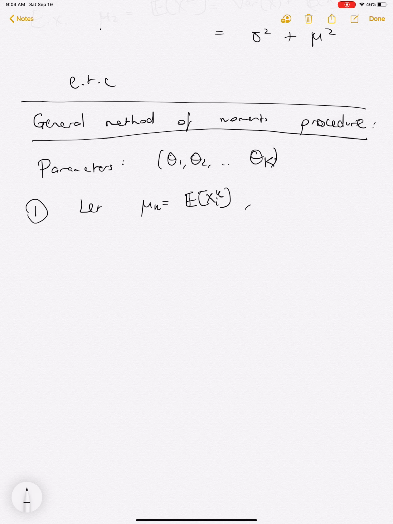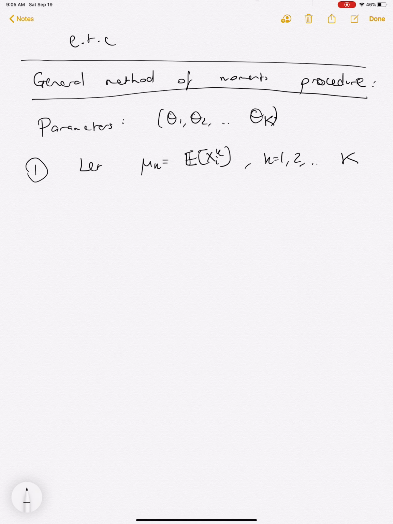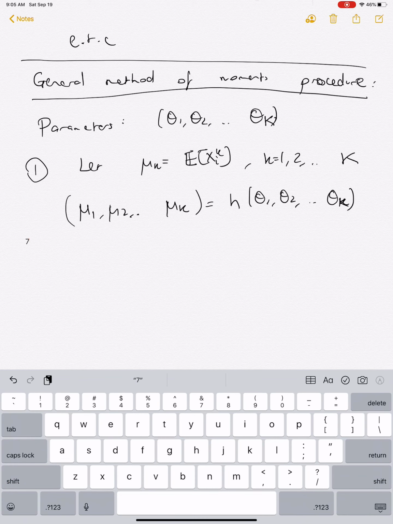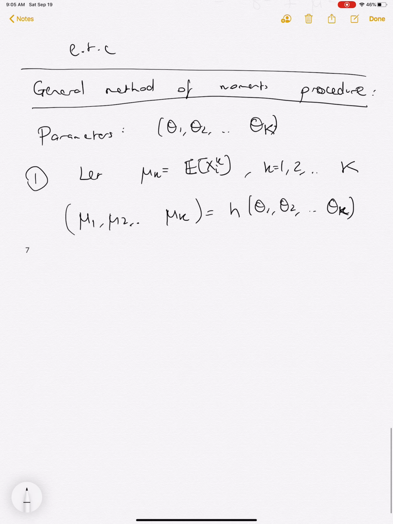So we have k equals 1, 2 up to big K. Now we have a multivariate function. So we have mu1, mu2 up to mu big K is equal to h of theta 1, theta 2 up to theta big K.